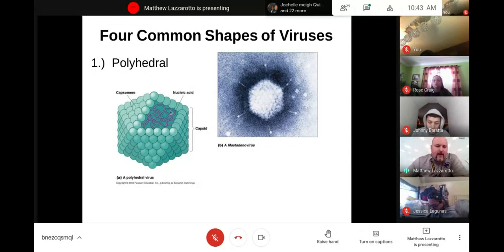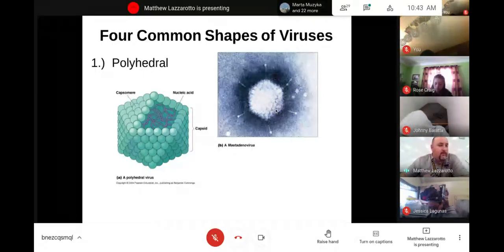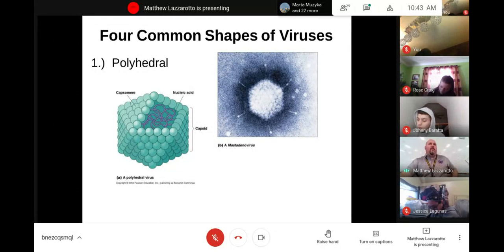And as you can see, we've got a protein capsid and the nucleic acid core. This is an electron micrograph of mastodinovirus, which is very similar to the flu. In fact, I want to say that a couple of years ago, there was a mastodinovirus outbreak on a cruise ship. I'll have to look that up.